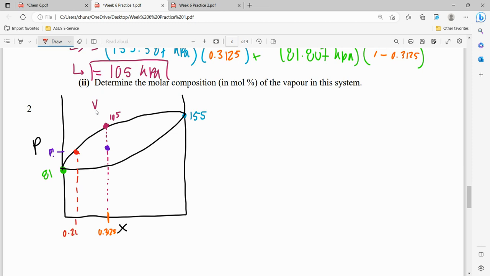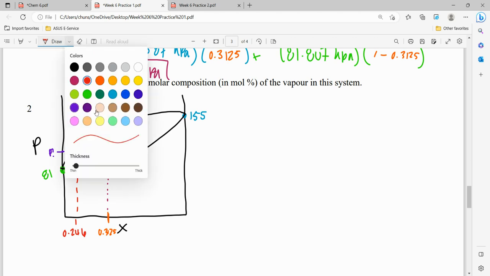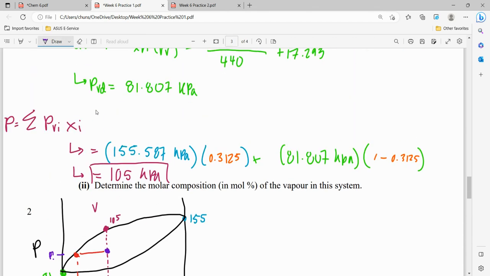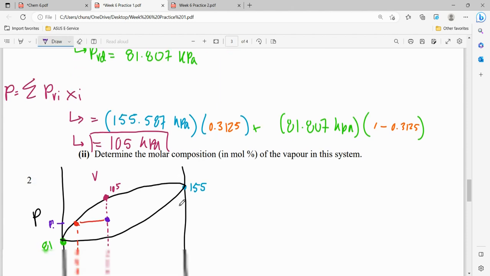This is 0.246 when we read across. So given that, we're going to use the equation from before, except instead of using our mix, we're going to use just our liquid phase.